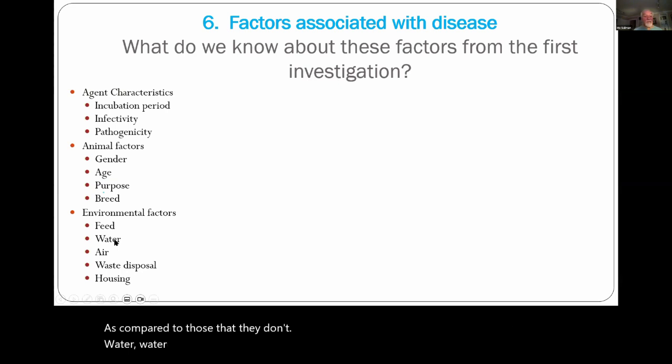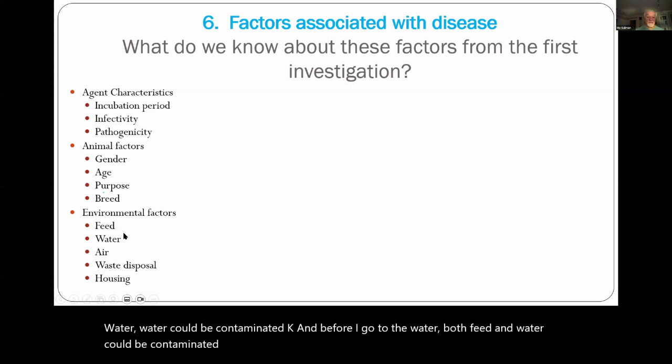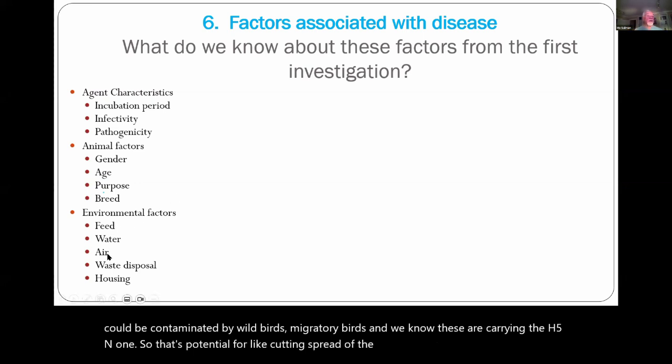Water could be contaminated, okay? And before I go to the water, both feed and water could be contaminated by wild birds, migratory birds, and we know these are carrying the H5N1, so that's potential for spread of the disease.